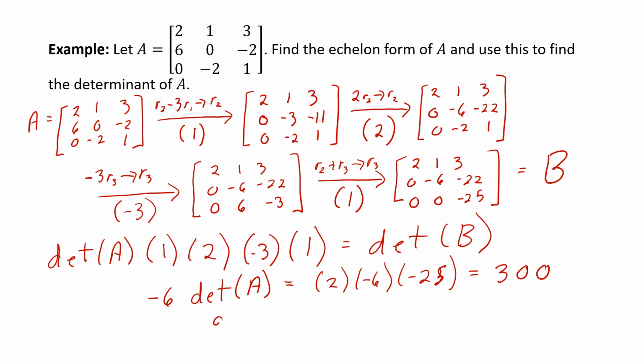So now I get my determinant of A is equal to 300 over -6, which is -50. So by carefully going through elementary row operations, noting at each point how the determinant is changing, and then building this equation, I can take my easy to calculate determinant, a simple division or a simple multiplication, depending on how you're doing it. A simple calculation gets me what the determinant of my original matrix was.